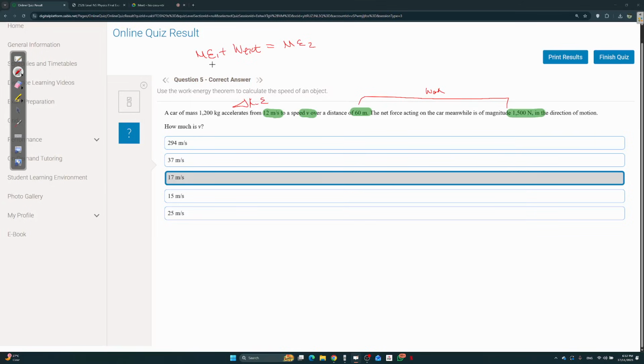Now ME1, at the start, is kinetic energy 1, and that's at 12 meters per second. So it's half times 1200 times 12 squared, because that's the initial kinetic energy.